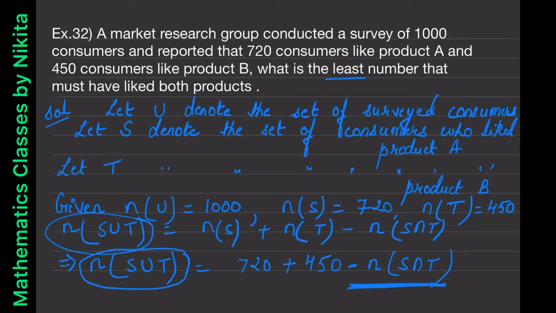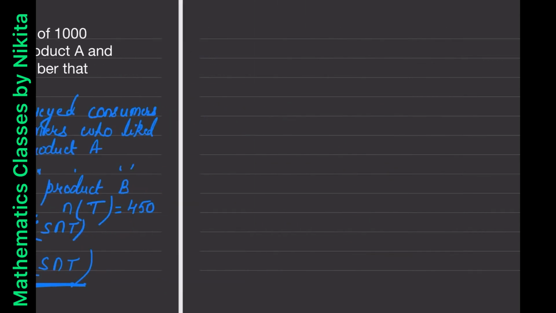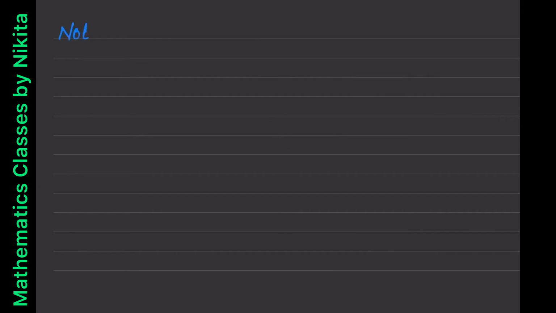So least or minimum are the same thing. So note that N of S union T is maximum when number of elements in the intersection is minimum.